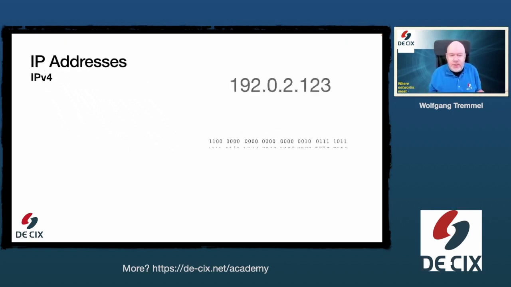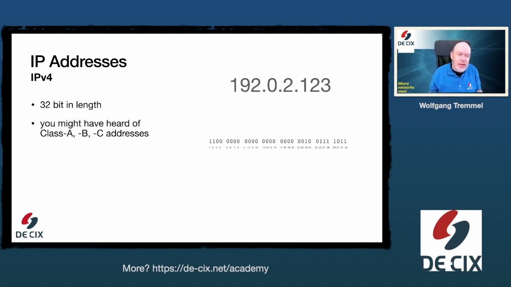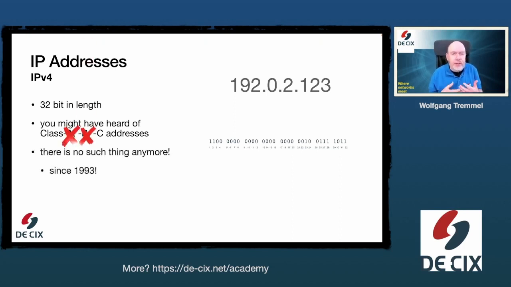IP version 4 addresses, well, you all have seen that perhaps. It's the common writing of IP addresses, 32 bits in length, numbers with dots in between, and so on. Talking about classful addresses, you might perhaps have heard of class A, B, and C addresses. Please forget about that. There is no such thing anymore.